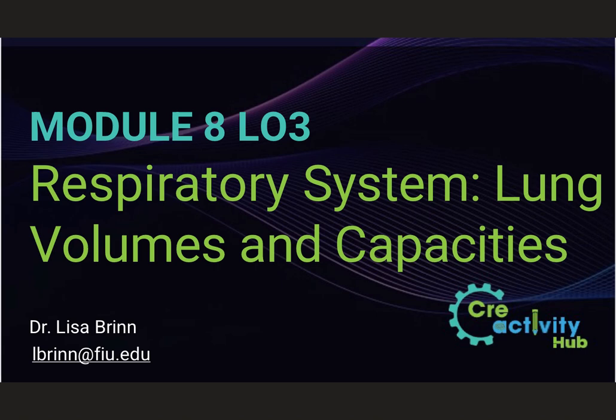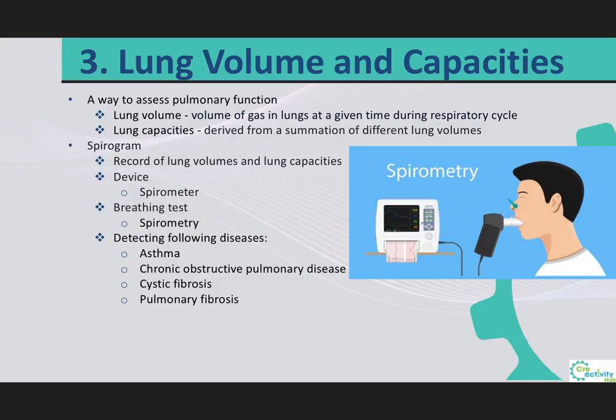Hi everyone, for learning outcome number 3, we're going to be talking specifically about lung volumes and lung capacities. Several specific lung volumes can be measured as a way to assess pulmonary function, and a record of lung volumes and lung capacities, which is basically a combination of the lung volumes, is known as a spirogram.